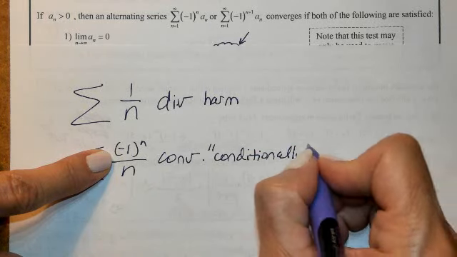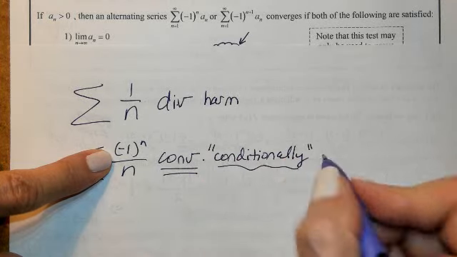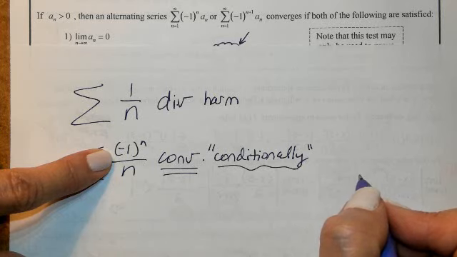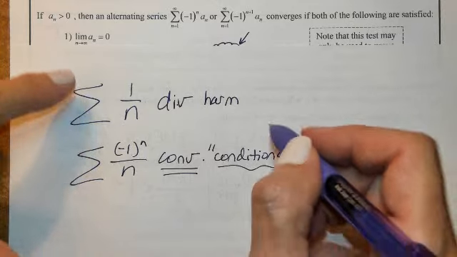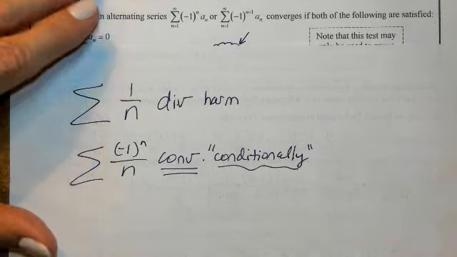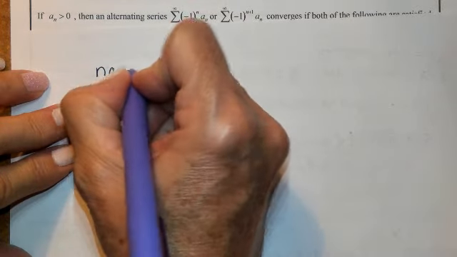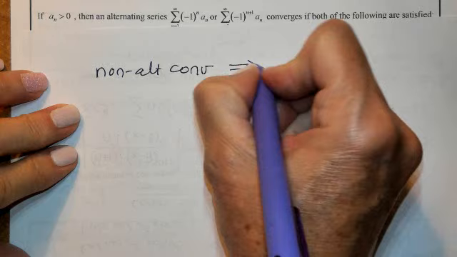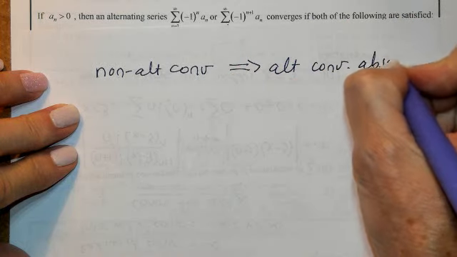So the key word there is the conditional. Actually, the key word is converging. The conditional or the absolute just describes the convergence, sorry. That's the difference between conditional convergence and absolute convergence. So, if the non-alternating converges, then the alternating converges absolutely.